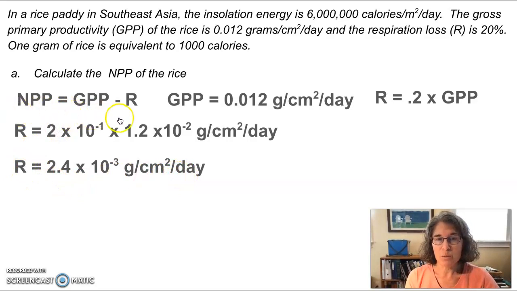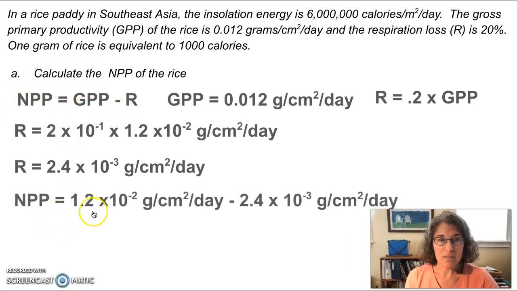We can plug this into our original equation that net primary productivity is equal to gross primary productivity minus respiration. So in this case, that's equal to 1.2 times 10 to the negative second grams per centimeter squared per day, minus our loss to respiration of 2.4 times 10 to the negative third grams per centimeter squared per day. Notice because we have the same units of measurement, we can simply do math with these two numbers.